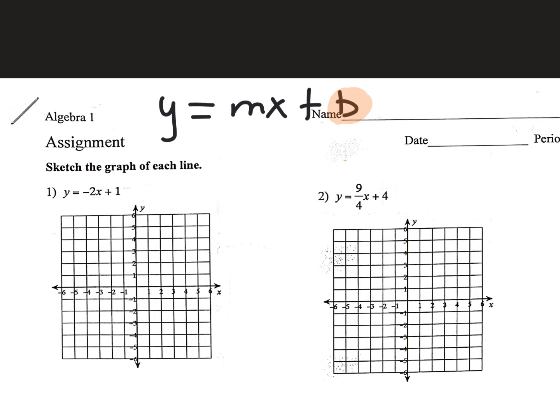When you graph an equation in slope-intercept form, you are going to begin with the number that is at the end, that b.